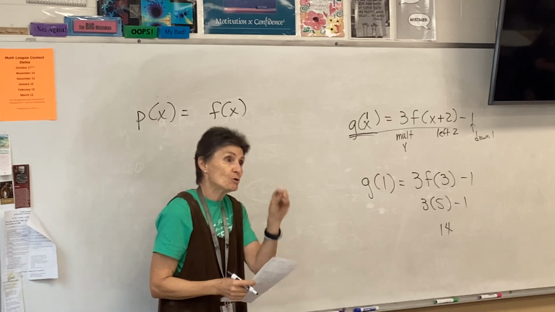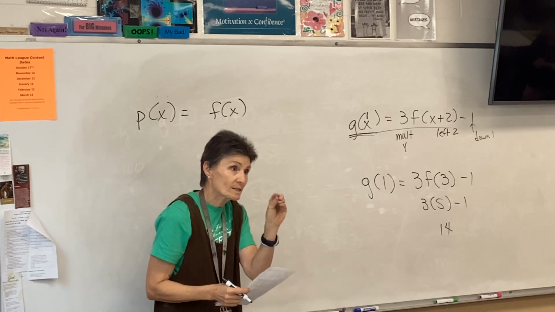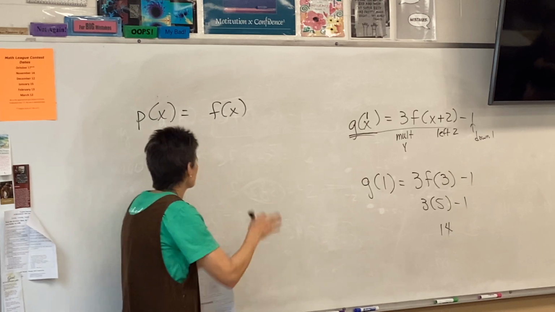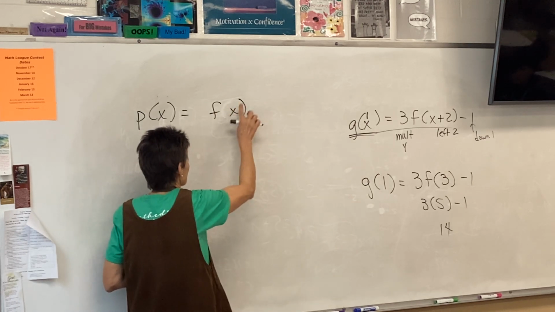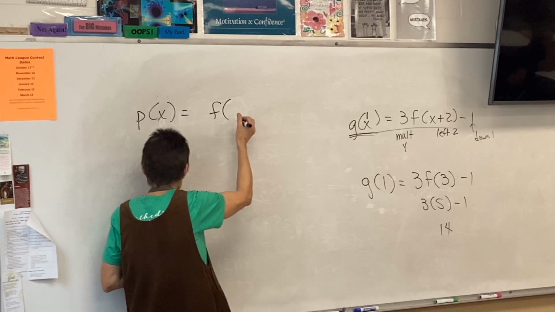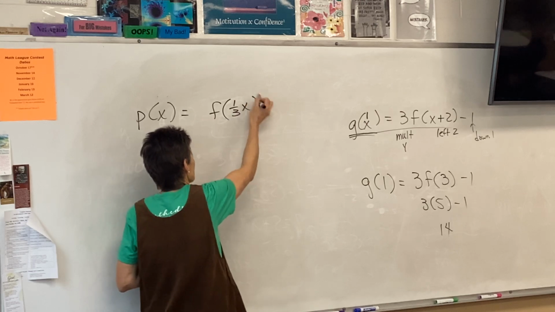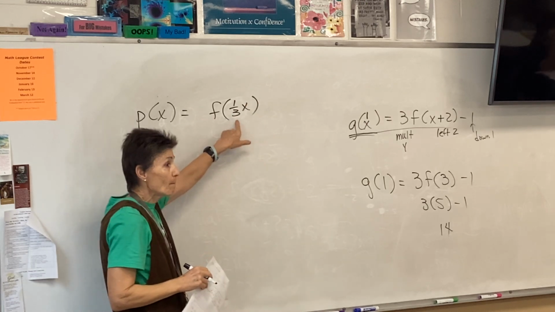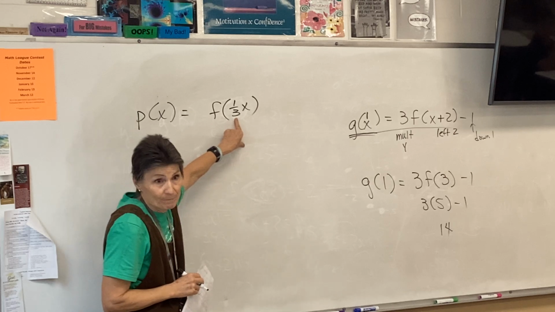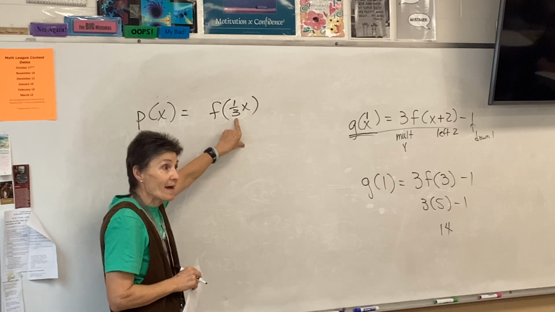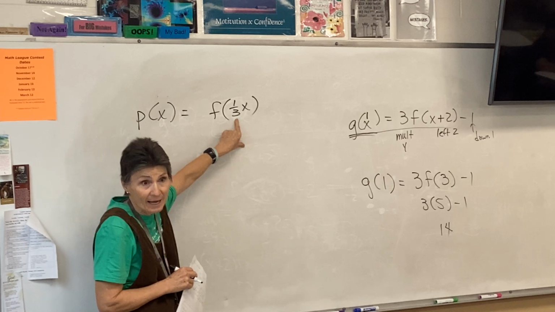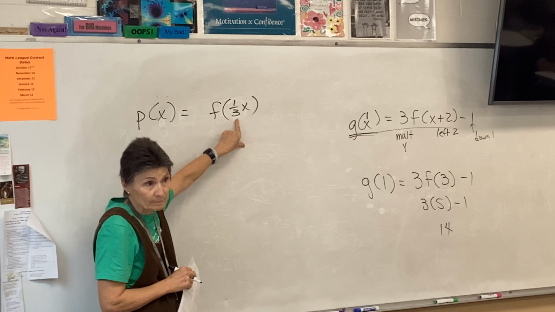That means you are multiplying the horizontal by 3. Which means what number is going to go inside this parentheses with this x here? No, 1/3. Guys, remember, the coefficient on x is a divider. And if you want to end up multiplying by 3, you're going to have to divide by 1/3.